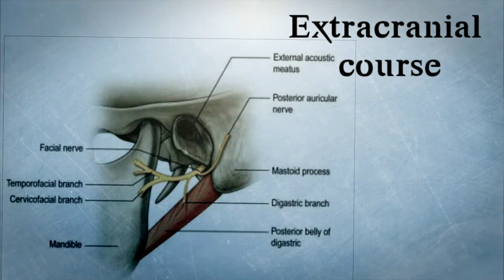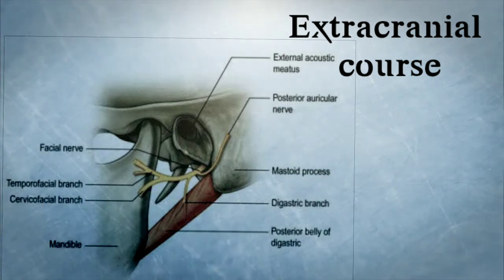Now after this, the extracranial course starts. So after exiting the skull, the facial nerve turns superior to run just anterior to the outer ear. The first extracranial branch to arise is the posterior auricular nerve. Now this nerve provides innervation to some of the muscles around the ear.